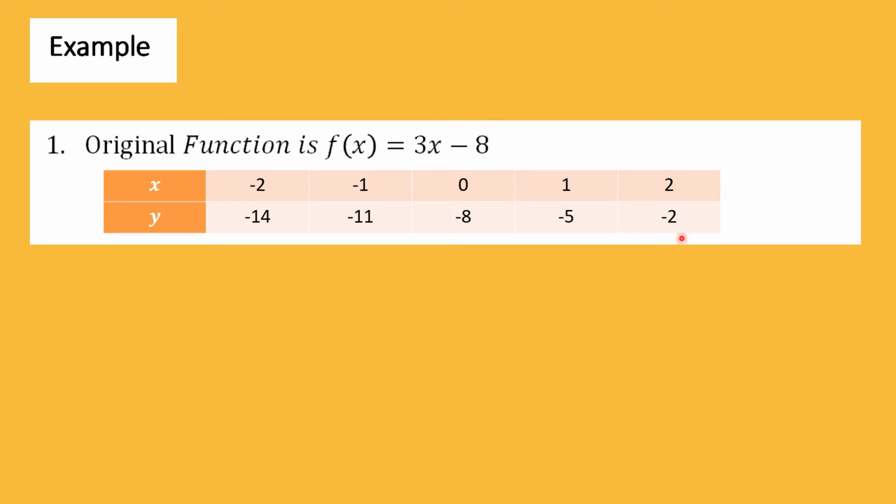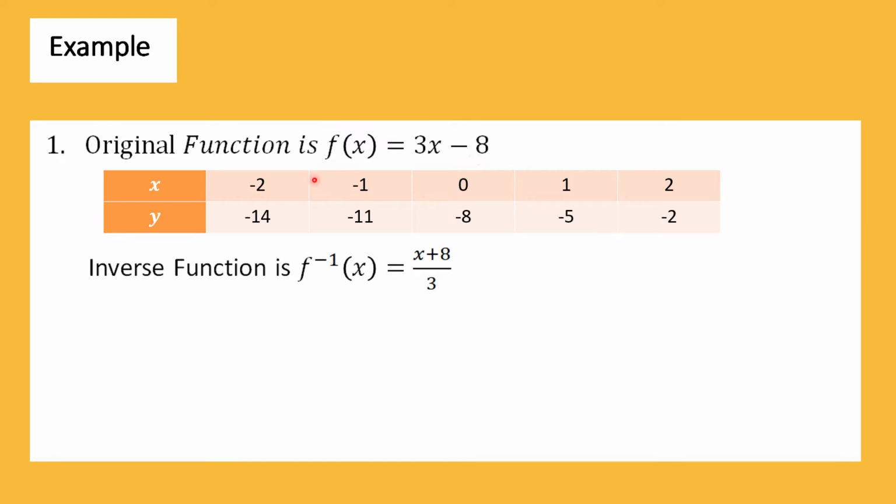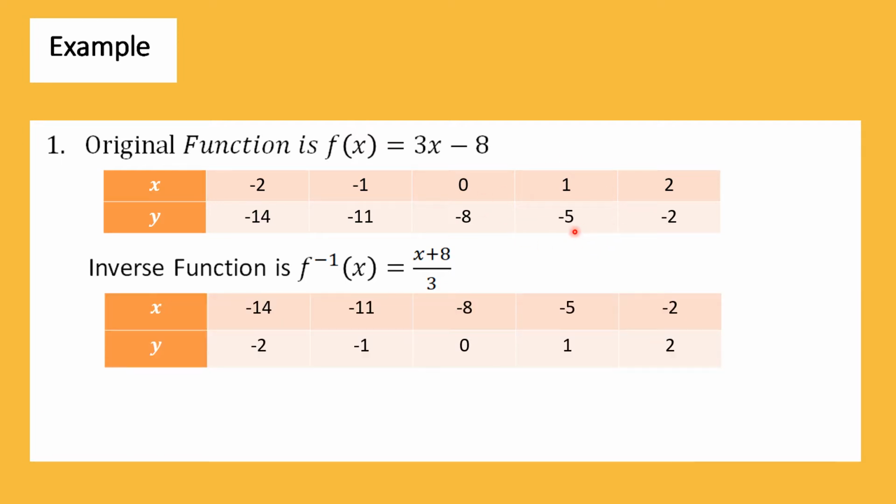And we are going to show the inverse function of this given original function. This is the inverse function of that. F raised to the negative 1 of x is equal to x plus 8 all over 3. So, ilalagay din natin yan sa table of values.